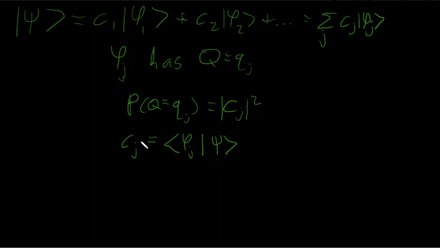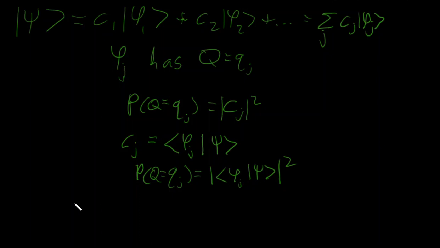Using these two together, we can see that the probability of Q being little q sub j is equal to the norm squared of this inner product.